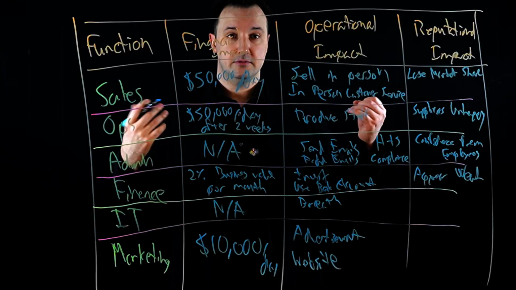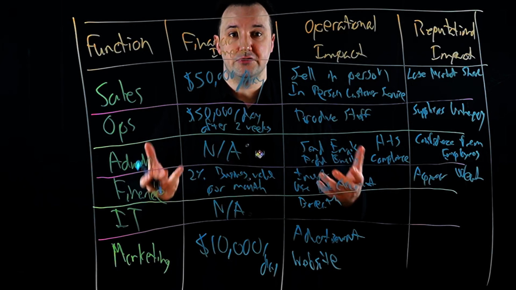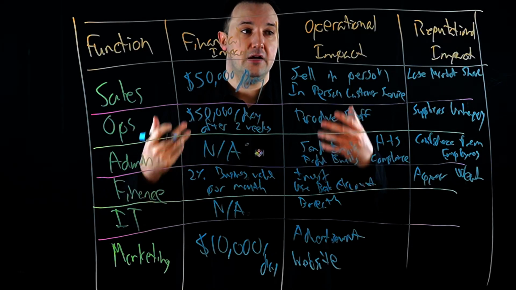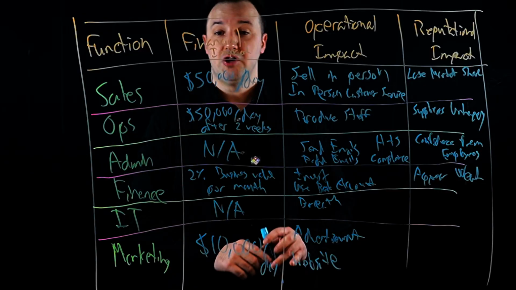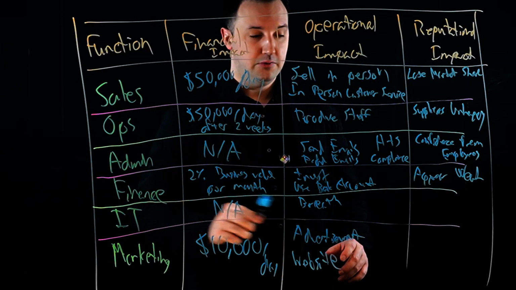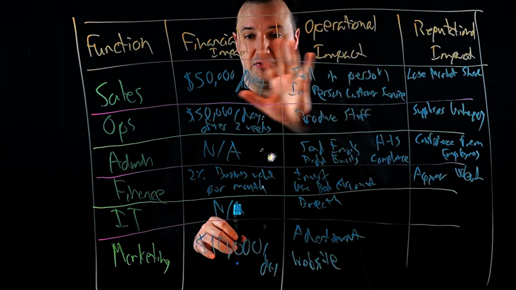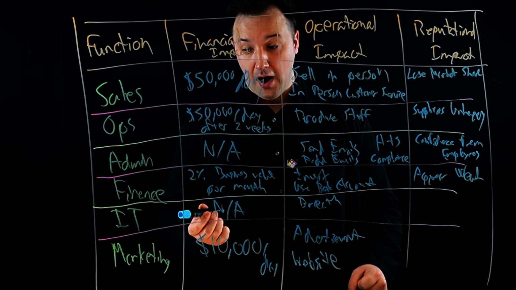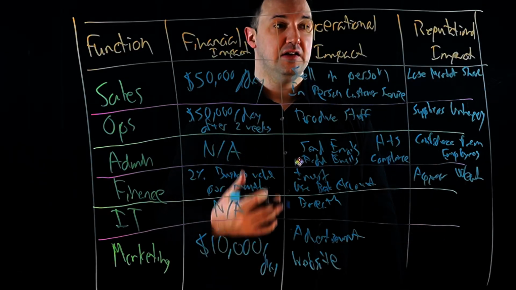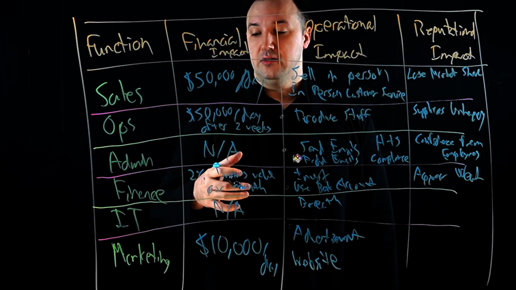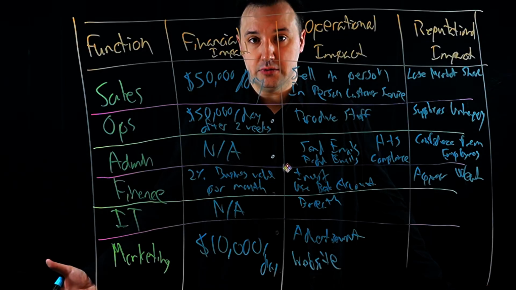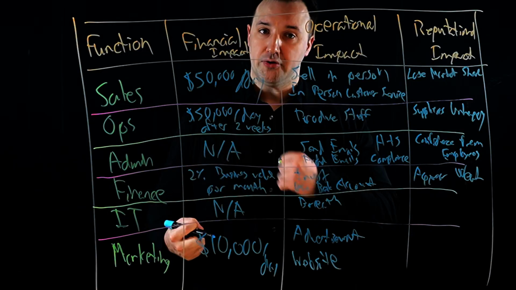You can't do whatever it is you're doing. What does that look like reputationally? Now, generally speaking, this is going to be a more internal thing because of how we've constructed this. But if you're more outwardly facing, this could be more of an, you appear backwards. You appear like you're not in the modern age.